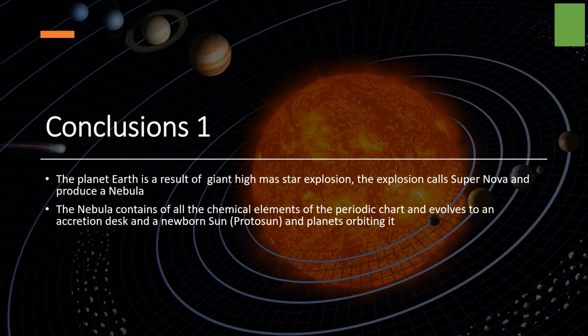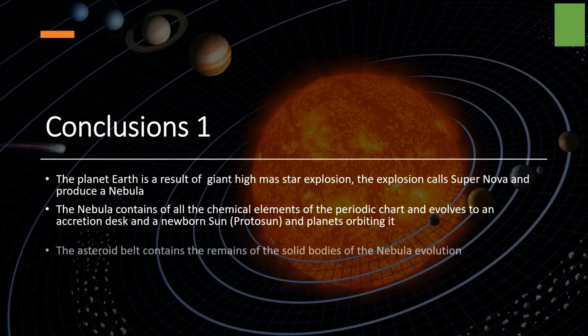evolves to an accretion disk and a newborn sun, which is the protosun, and planets come out from the gathering of the solid part of the materials out from the explosion nebula, and these planets orbit according to the physical laws around the huge star or the proto-sun.